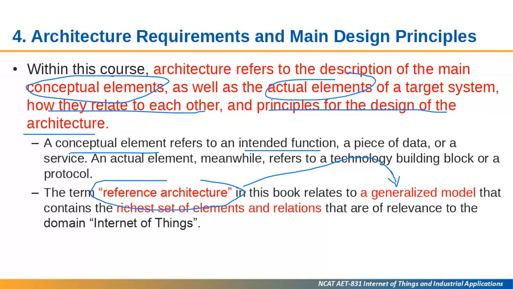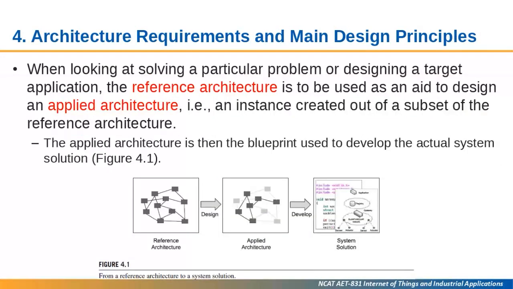Basically, you need to have a frame, you need to have a chassis, it needs to have 4 wheels, something like that. Basically, these are the generalized model of a vehicle. The reference architecture for an IoT application will also contain some generalized components, which we will talk about when looking at solving a particular problem.